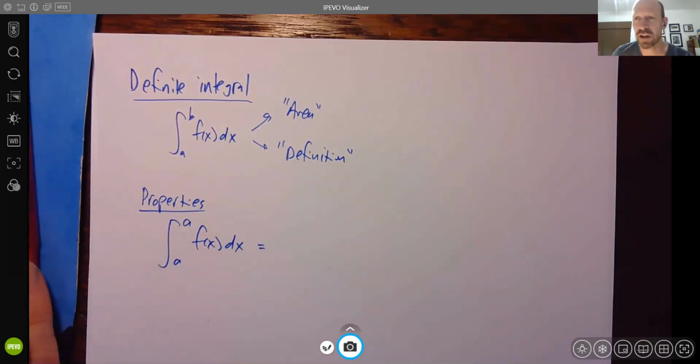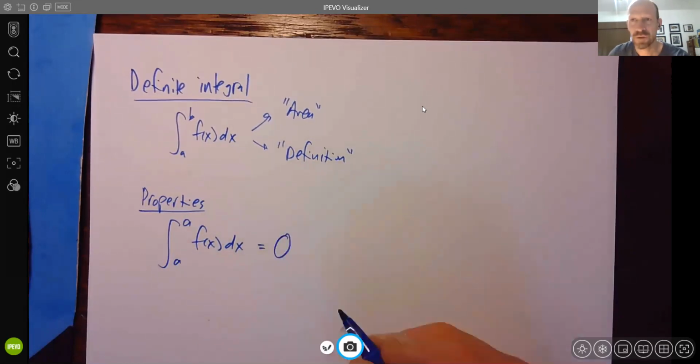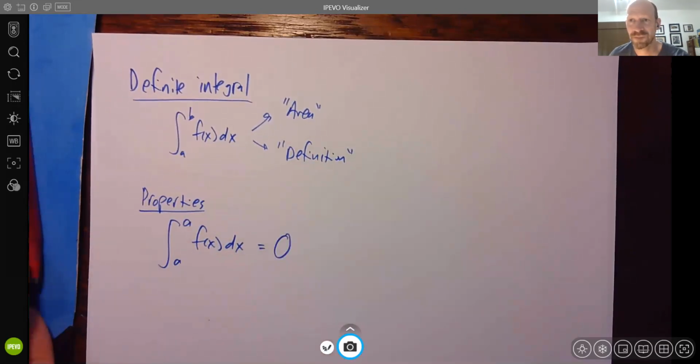It's like I'm going from A to A, so I'm not really moving anywhere. If I were to add up all the area that I get by not moving, how much area would I get? I wouldn't get anything. Exactly. Zero. Big fat nothing.